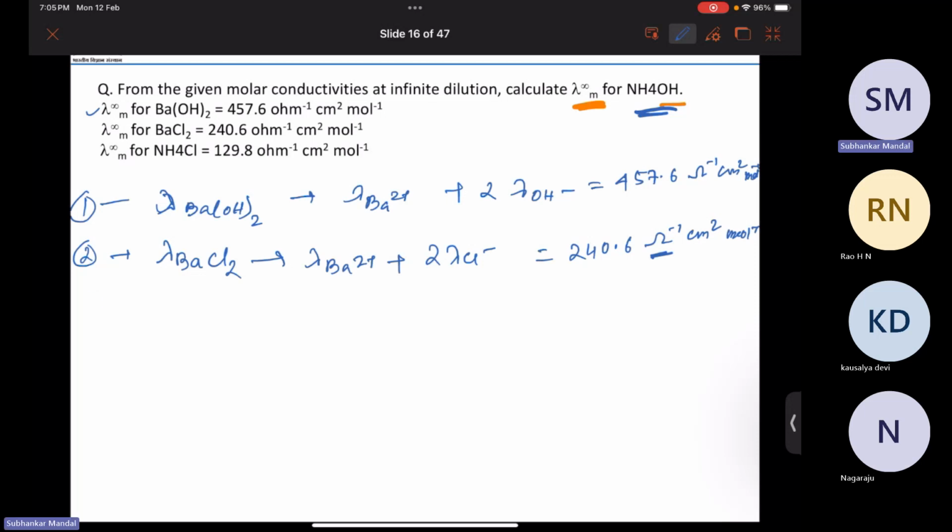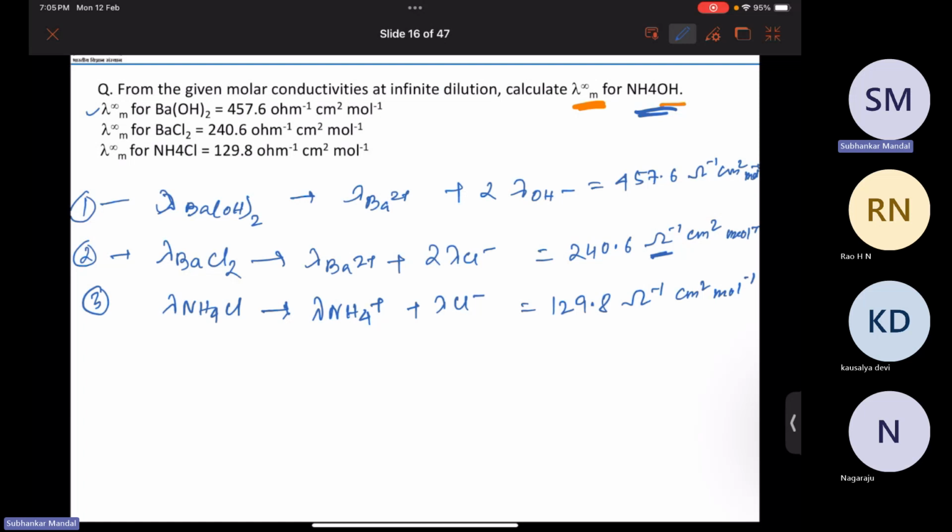Okay, the third one is given: lambda NH4Cl, that is lambda NH4 plus lambda of Cl minus, and that is 129.8 ohm inverse centimeter square mole inverse.